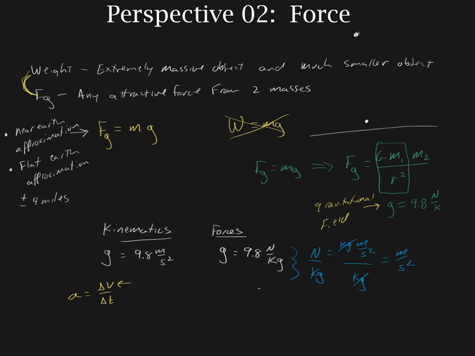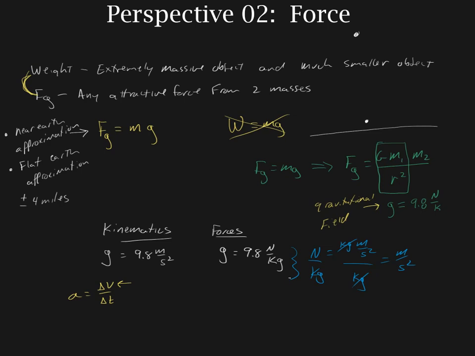So the field is just a way a massive object can interact with its environment when it has nothing to interact with, no other mass to interact with. Now, as soon as you place a mass there, you have a force according to Newton's third law. It always takes two objects to create a force, and we no longer just write g, but we actually write Fg.